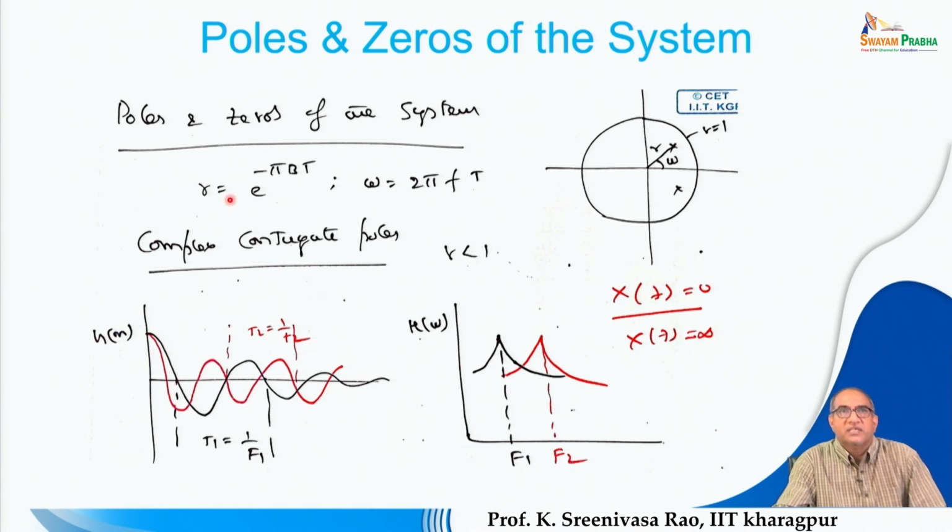Here you can see, as I mentioned, the poles and zeros of a system, and for example these are the pair of poles in a complex plane, they are the complex conjugates, and here r is the radial distance and omega is the angle offered by the pole, and from omega you can compute the f, what is the frequency of oscillation, and from r you can estimate what is the bandwidth.